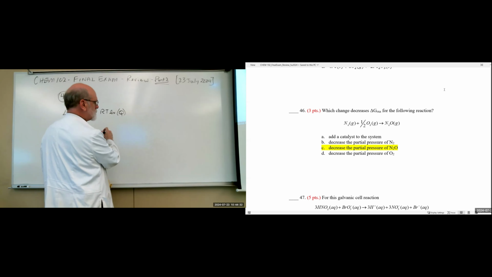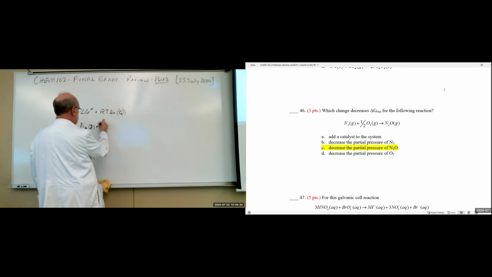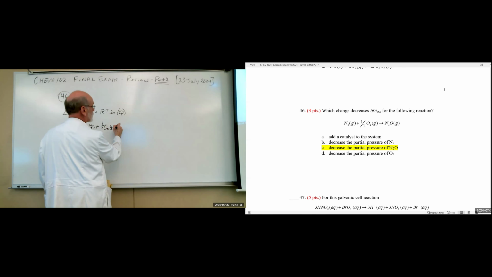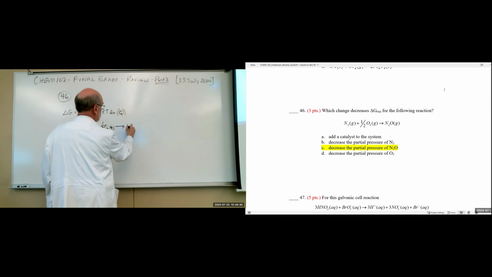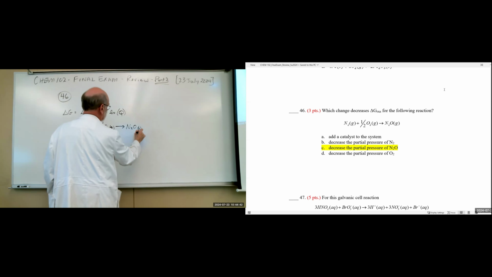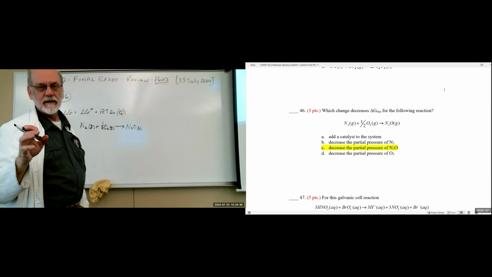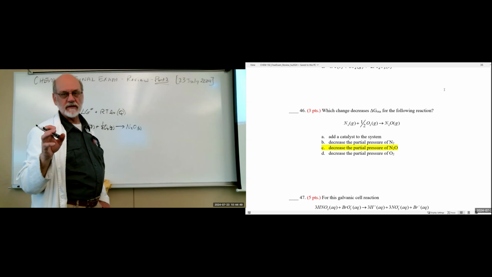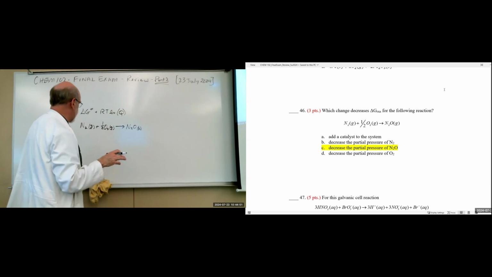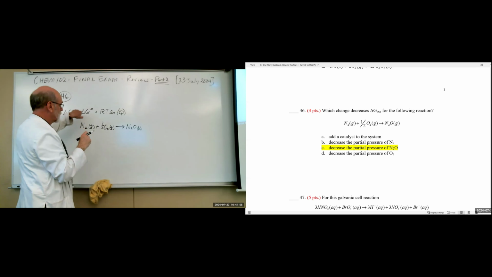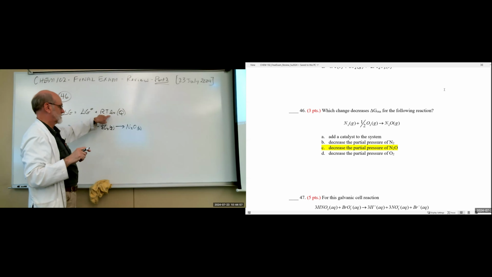N2 gas plus 1/2 O2 gas yields N2O gas. Which change decreases delta G reaction? We want to make this smaller. This needs to be negative.